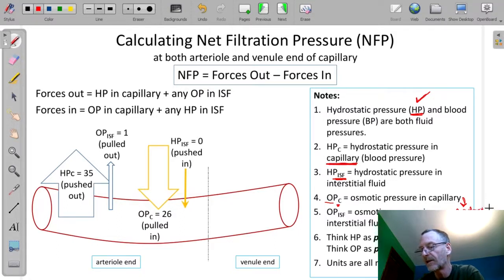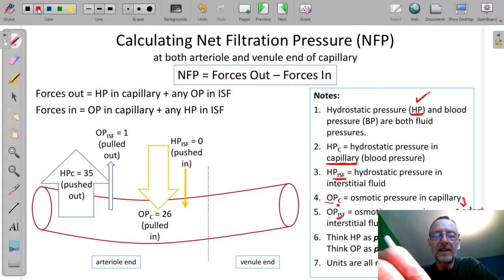Hope that didn't run off the screen. And we can also have osmotic pressure in the interstitial fluid. If some protein leaks out of the blood into the ISF, it can give that fluid compartment a little bit of osmotic pull.